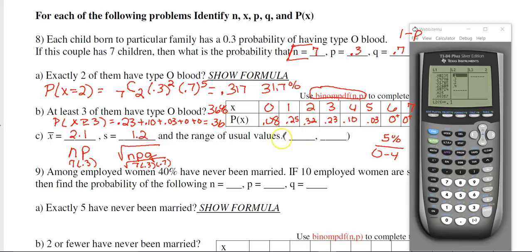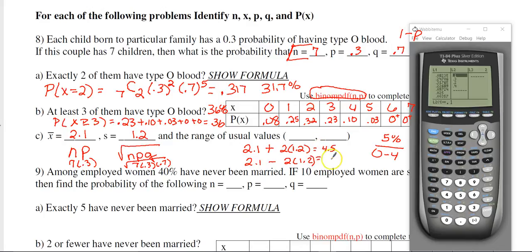If we were talking standard deviation, then we have to say the mean, which is 2.1, plus 2 times the standard deviation, and then we do the mean minus 2 times the standard deviation. This one is 4.5.